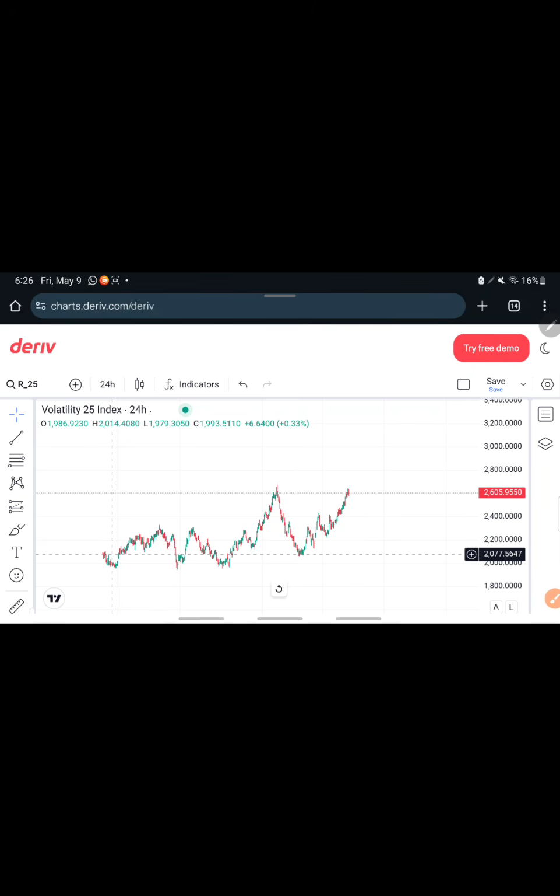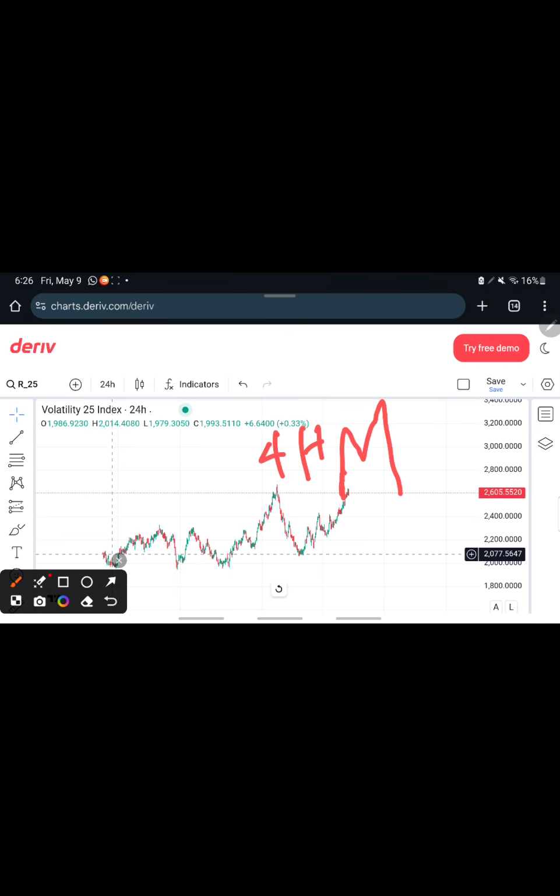What I'm trying to say is this: if you've seen the M that broke structure on a 4 hours time frame, and then you are looking for it to form what? A double bottom, so that you can start selling to the upside. You don't just enter immediately like that.